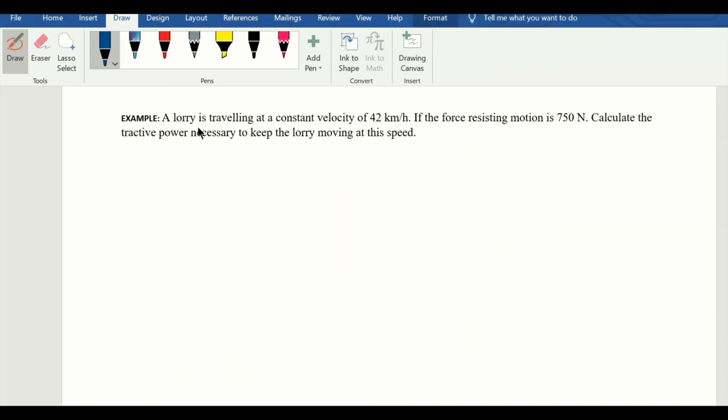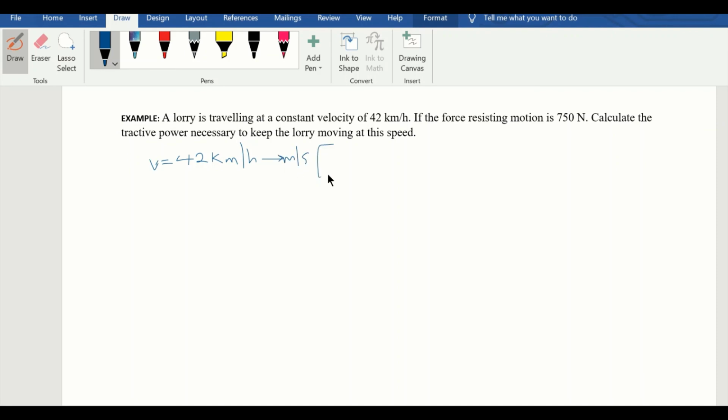It says a lorry is traveling with a speed of 42 kilometers per hour. The first thing I do here is to convert this speed to meters per second.